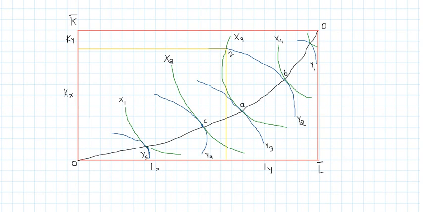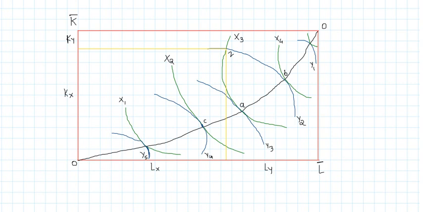Now let's analyze this condition inside the Edgeworth box. So the Edgeworth contract curve is the locus of tangencies of X and Y isoquants, and you can say that at the point of all these tangencies the slopes of the isoquants are equal. So at point A, the slope of isoquant X3 is equal to the slope of isoquant Y3.